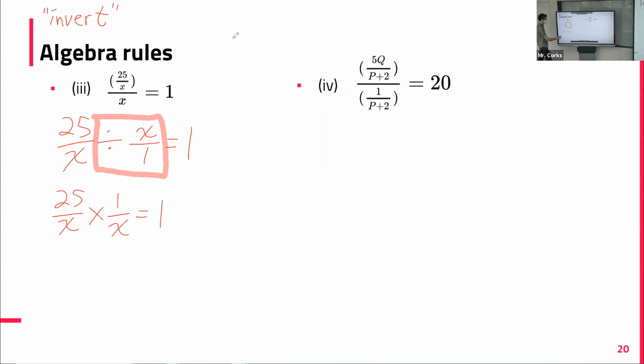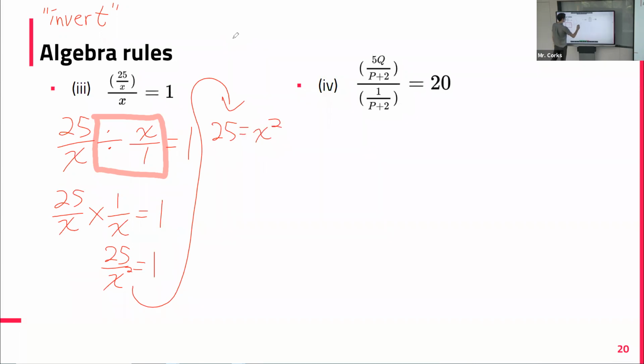Okay. 25 over x squared equals 1. All right. 25 squared, take a square root. Okay, so square root of each side, and then plus or minus 5. So write this out for clarity.